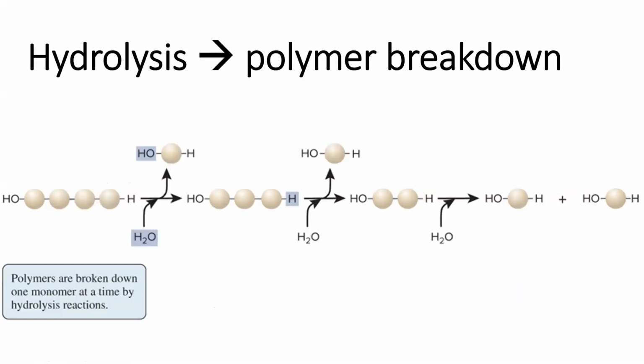With the hydrolysis reaction, when we consume, for example, proteins, whether in the form of fish or steak or beef, you'll take that large piece of protein and break it down into the individual monomers, which are the amino acids.